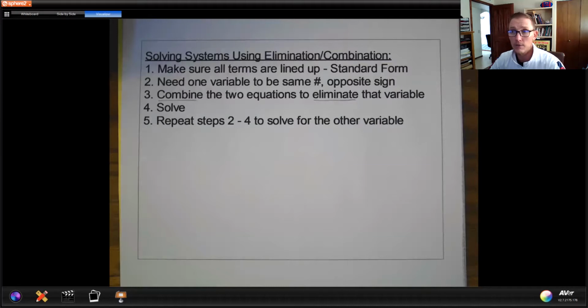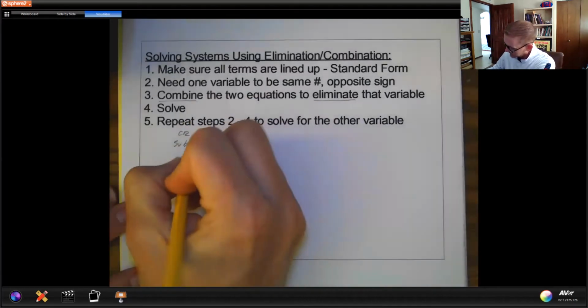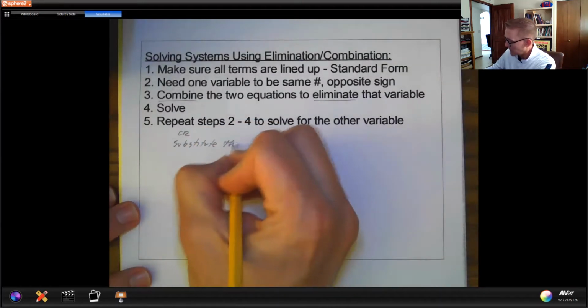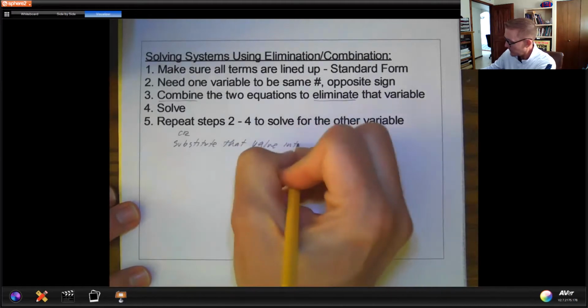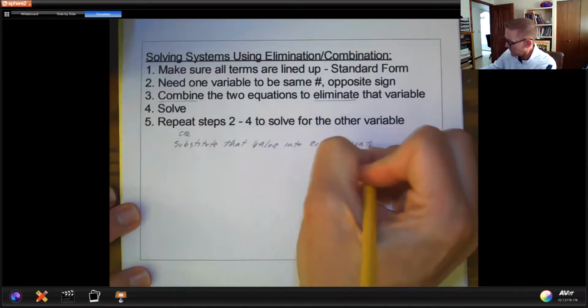You're going to solve for whatever's left, and then you're going to repeat steps 2 and 4 to solve for the other variable, or substitute that value into either equation.